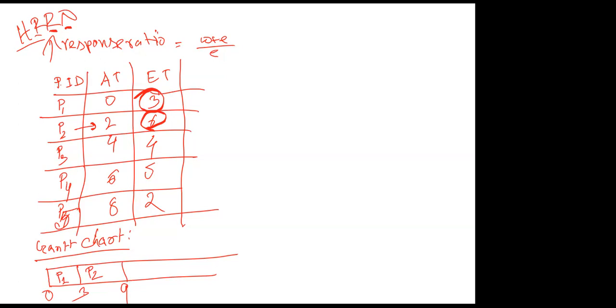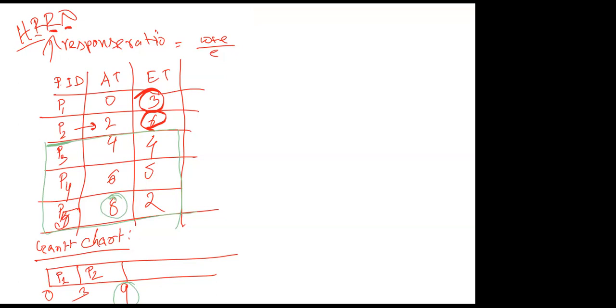Here you can see all the remaining processes are now inside the RAM. P5 arrived at time unit 8, and the current time is 9. So all processes are currently inside the memory.